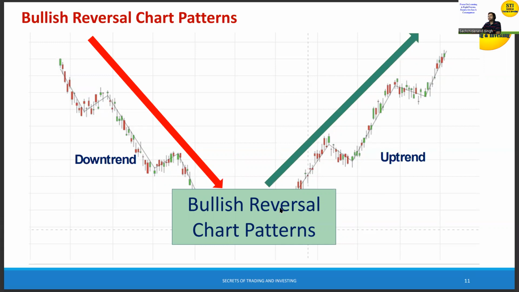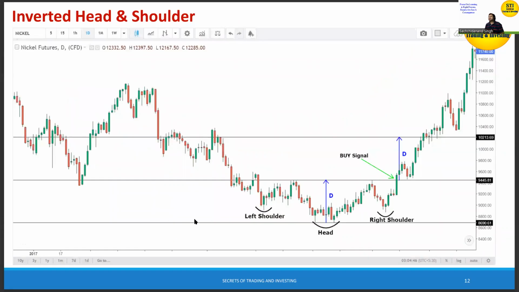How to identify them? So the first one is called inverted head and shoulder. As we have learned head and shoulder, this is basically just the opposite of that. That means it's like somebody doing the Sirsasana. So at the bottom you have the head and left shoulder, right shoulder, as we have seen earlier, right?